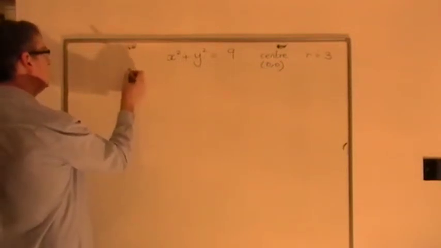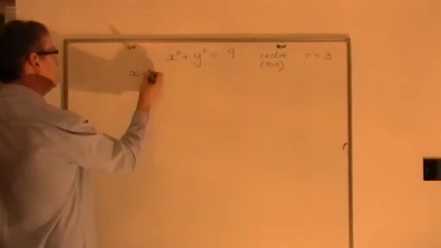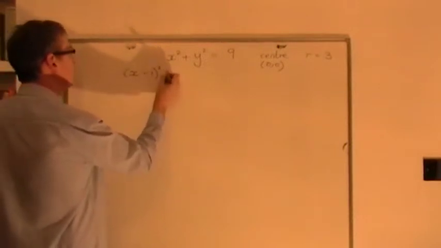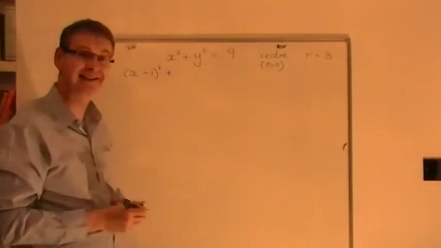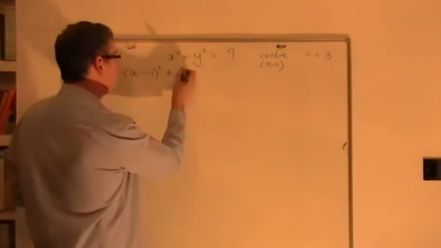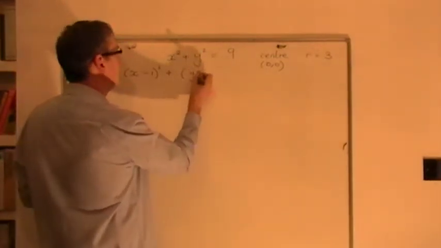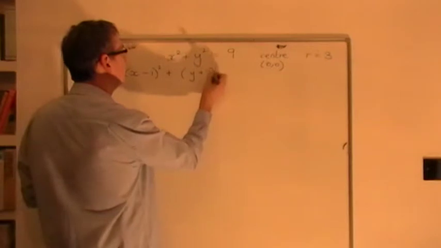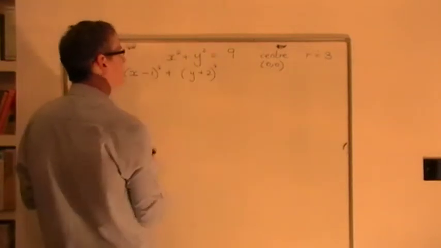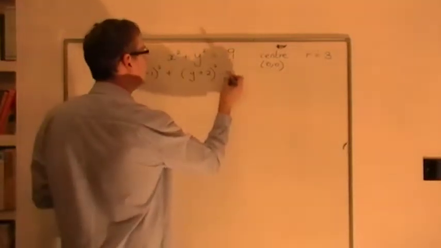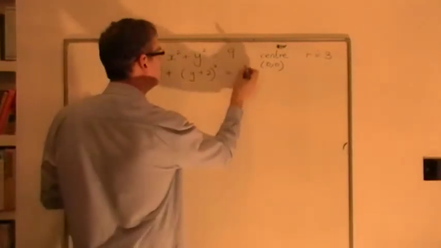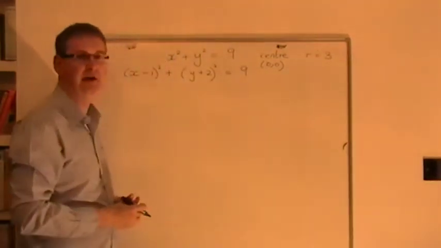So consider this equation. So we've got x minus 1 in a bracket this time squared plus y plus 2 in a bracket squared is equal to, and I'm going to say is equal to 9.